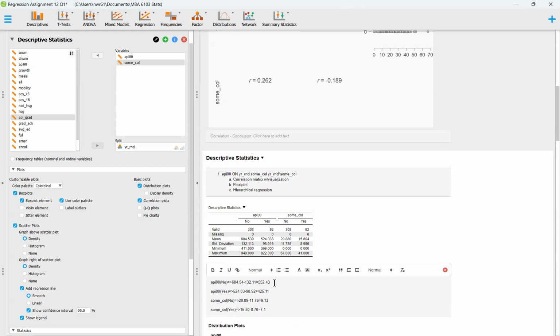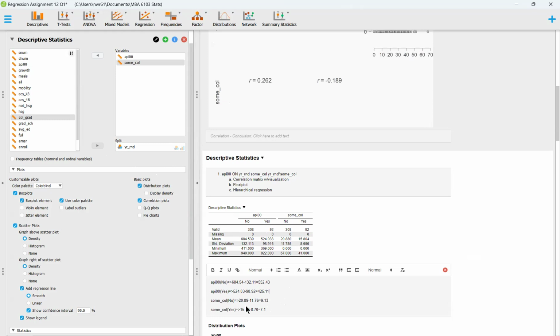This refers to the API school. This one indicates that 552 of the Excel spreadsheet or the survey were not year-round schools, while this one indicates that 425.11 schools were year-round schools.